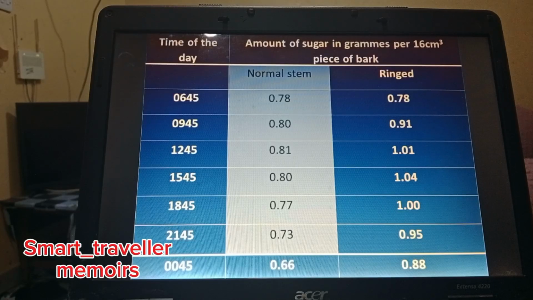So you can see the normal stem goes from 0.78, 0.80, 0.81, 0.80, 0.77, and 0.73, while the ringed goes around like 0.78, 0.91, 1.01, 1.04, 1.00, 0.95, and 0.88.